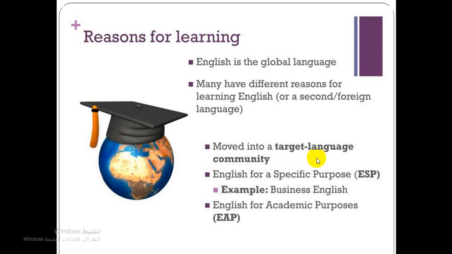A target language community is a place where English is the national language, for example Britain, Canada, New Zealand, etc., or where it is one of the main languages of culture and commerce, for example Nigeria, Pakistan, India.